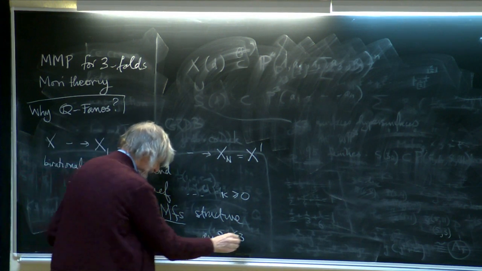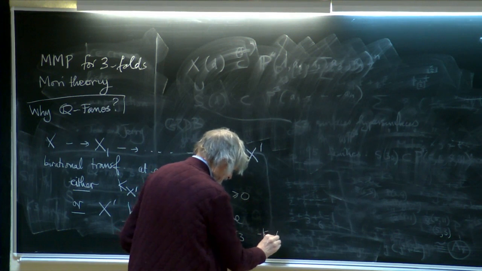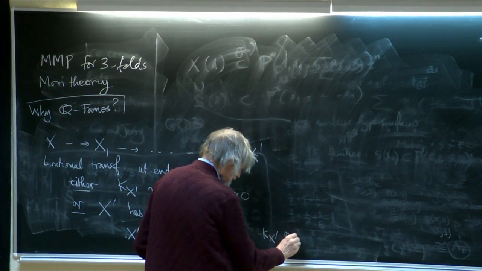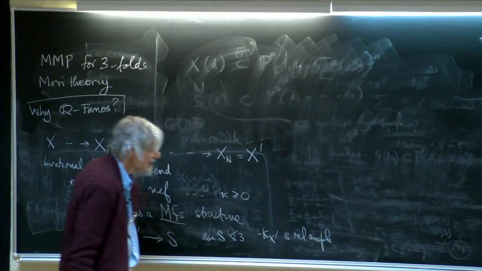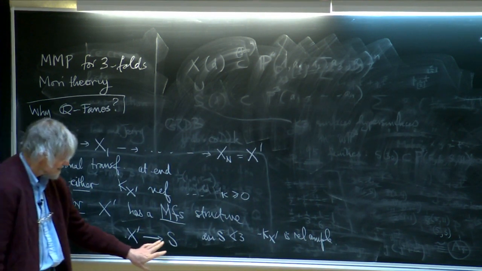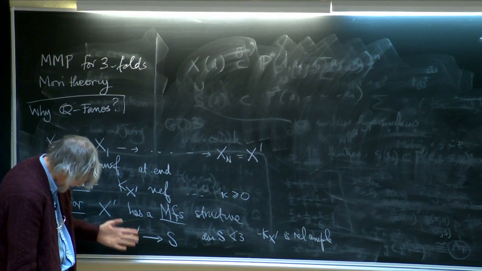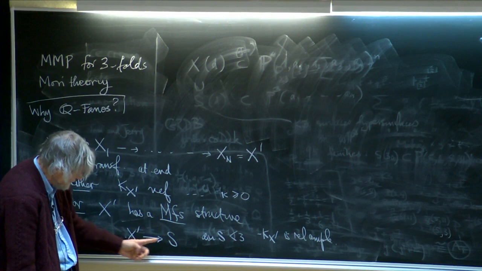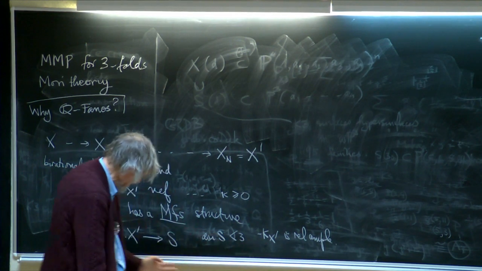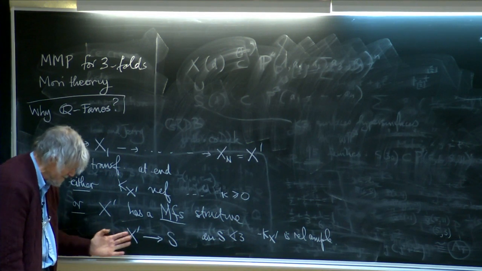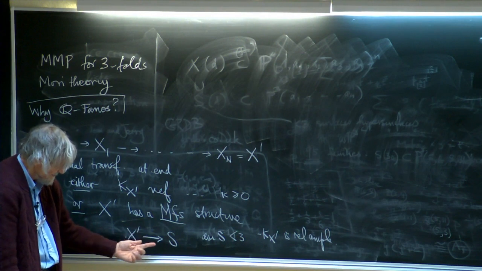And minus K_X' is ample, relatively ample. So if S is a surface, this is a fiber space of generically curves on which minus K is ample. So this means it's a fiber space of curves that are birational to P1.